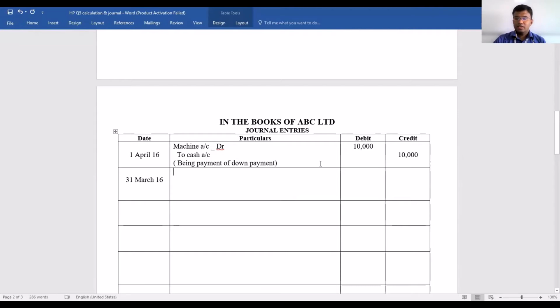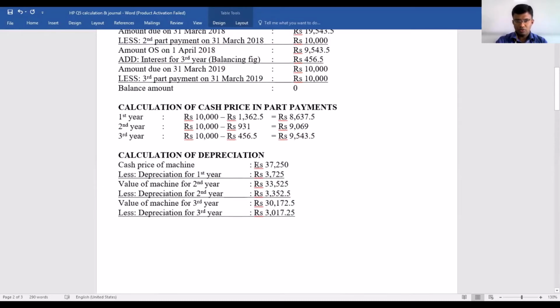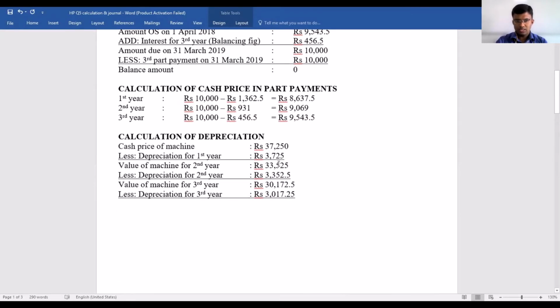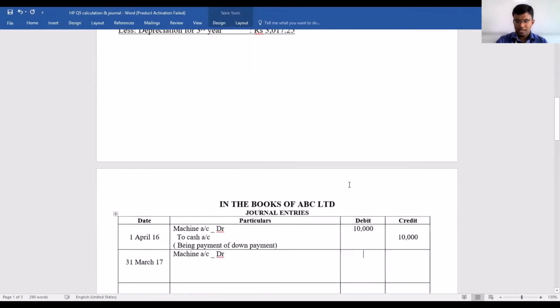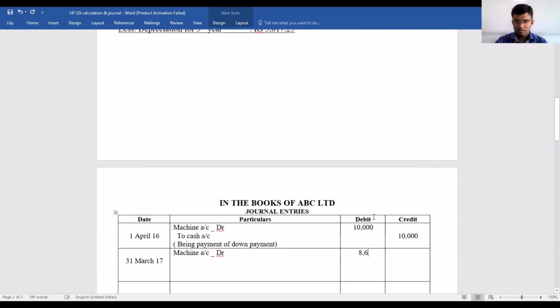Now, the second journal entry you will be passing on 31st March 2017, and this will be for payment becoming due. So the payment will be due to the vendor, and for that, machine account debited. So we have to notify the cash price. Cash price is 8,637.5.